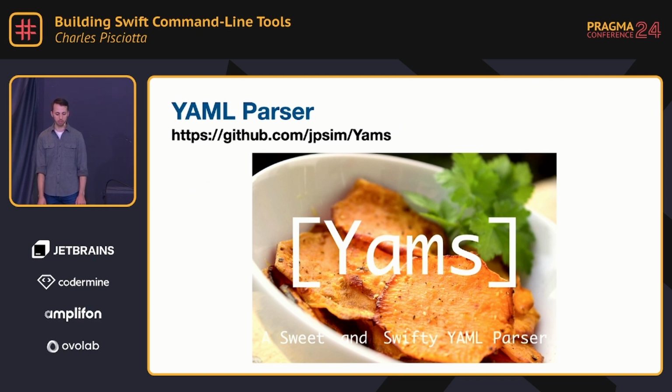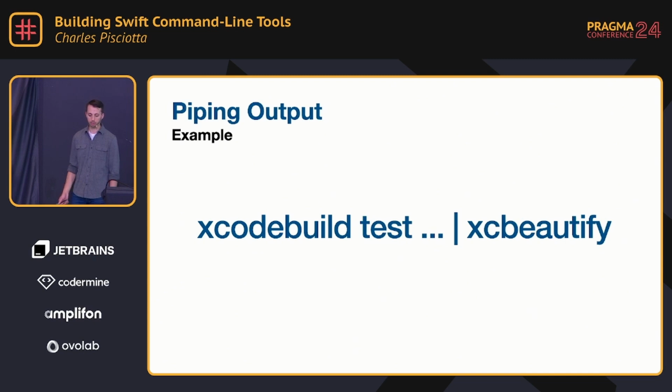In this case, there's one called Yams, and it allows you to define that YAML file in Swift in similar syntax, allowing you to read, similar to JSONDecoder, the configuration file which a user has defined. Just like shell scripts, you can pipe output using that readLine method we saw earlier. So in this case, this is how XCBeautify works, using the readLine from the Xcode build output on the command line.